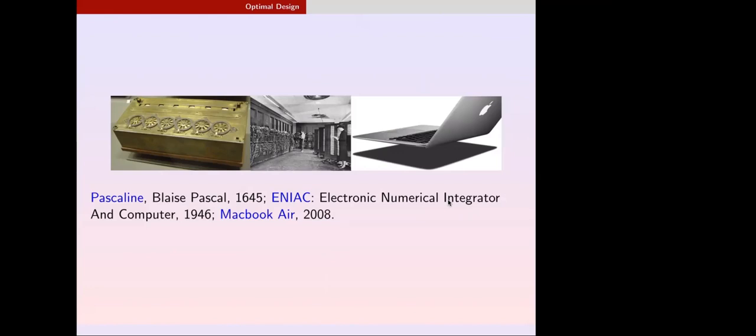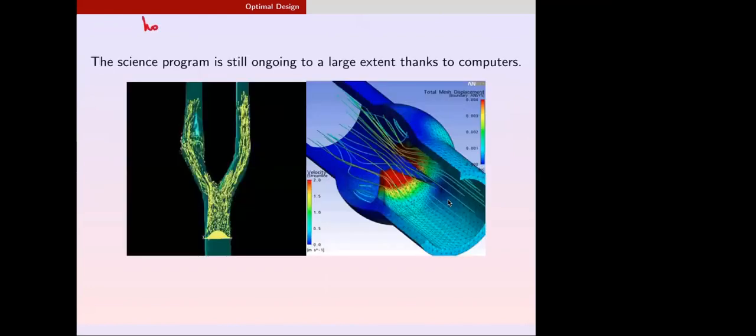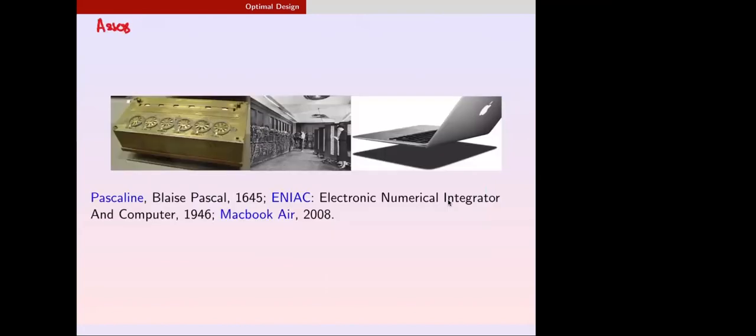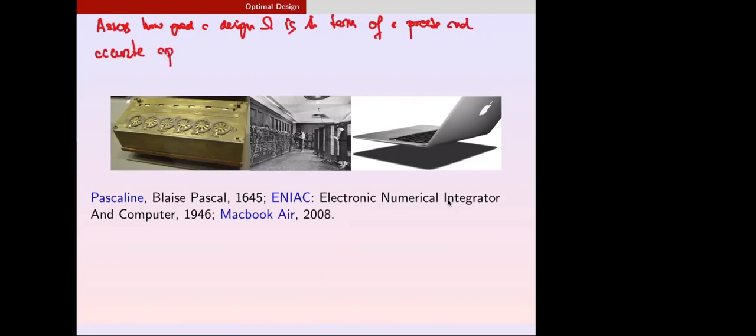Okay? And in this way, we can assess how good a design omega is in terms of a precise and accurate approximation of J omega.